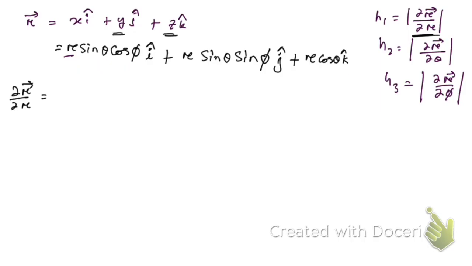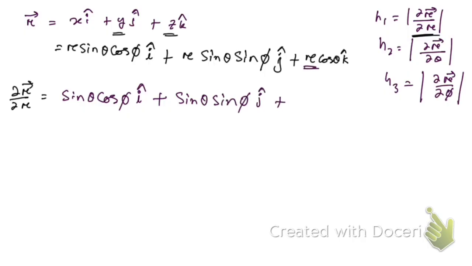So if you differentiate r with respect to r, that's going to be 1, so sine theta cos phi i cap. Then similarly sine theta sine phi j cap, plus differentiating r gives 1 into cos theta k cap.